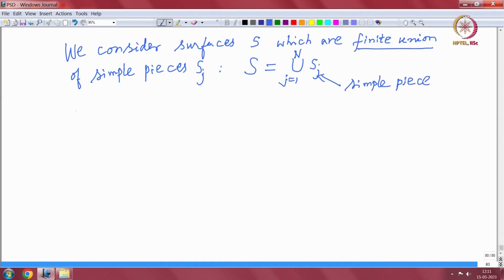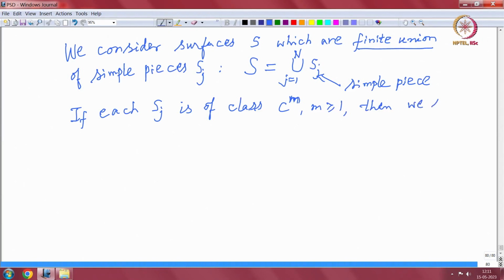And if each Sj is of class Cm, so again m is at least 1, then we say S is also of class Cm.